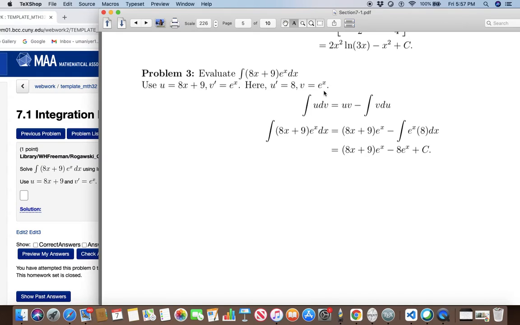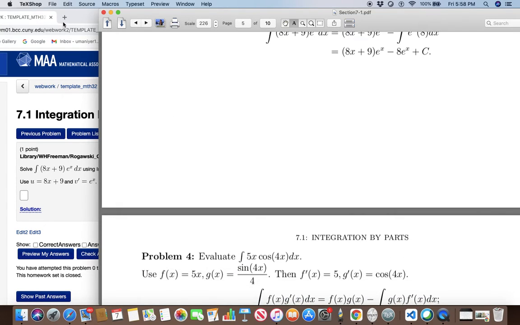Itself. The integration by parts formula now is integral u dv is uv minus integral v du. u is 8x plus 9, dv is e raised to x dx, uv is 8x plus 9 times e to the x, minus integral v du. du is 8. So 8 is simply a constant. It comes out, integral of e to the x is itself, and that's your final answer.